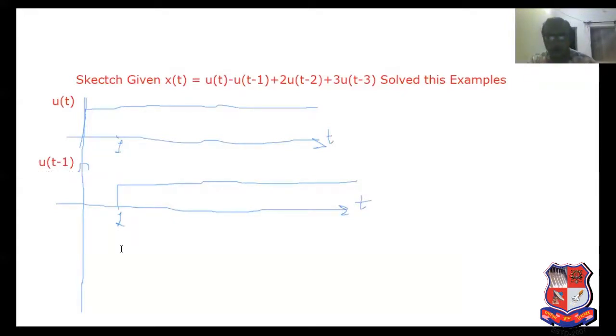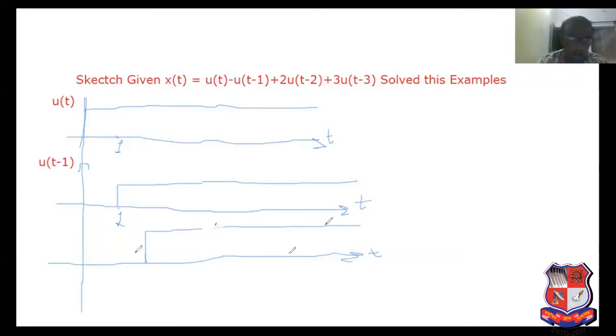Now 2u of t minus 2. So here we can indicate 2u of t minus 2. So here amplitude is 2.